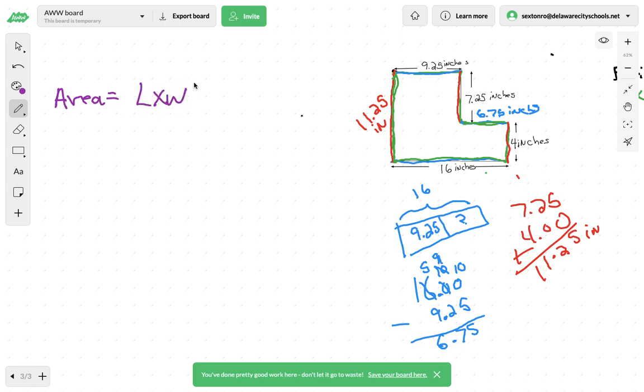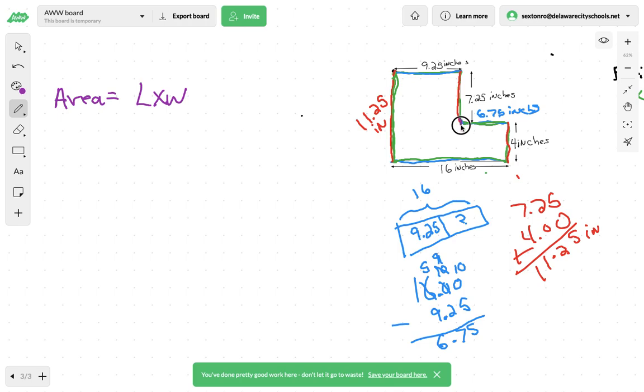It always will be. But I've got a wacky shape going on over here. Just like with volume, when we had compound prisms that were made out of rectangular prisms, we were able to break them into pieces, find the volumes, and then add them together. We're going to do the same thing here. We're going to look at this as two different rectangles.